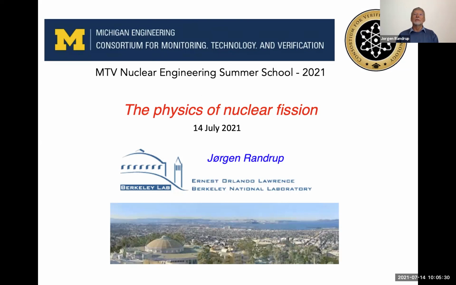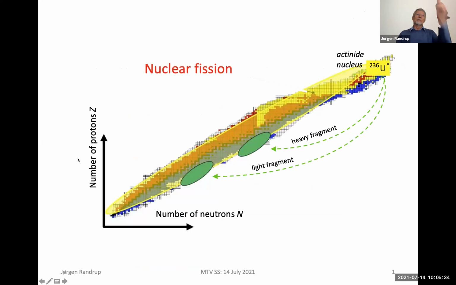First of all, what is, let's see here, I can't get anything to work. Here goes. What is fission? You'll probably know that. A heavy element, typically an actinide nucleus, somehow or other splits into two fragments. That is a very spectacular phenomenon, and it involves a lot of physics.